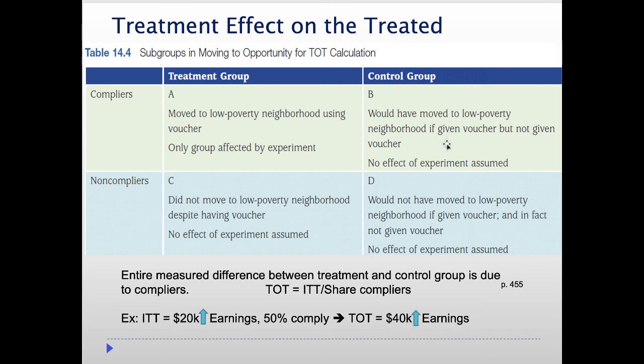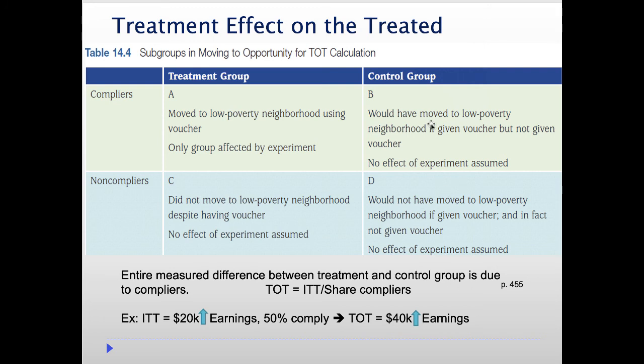We know that there are a bunch of people who didn't get the voucher, they were in the control group, but if they had been given the voucher, they would have moved. And we know that there are another group of people who, again, didn't get the voucher, but if they had been given it, they would not have moved.